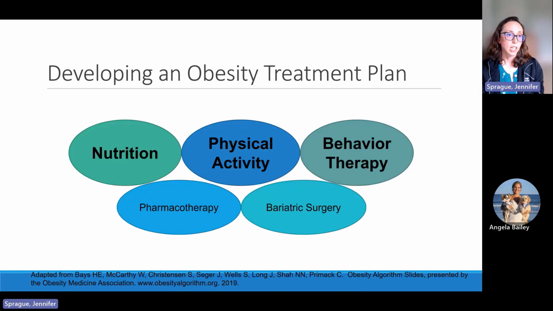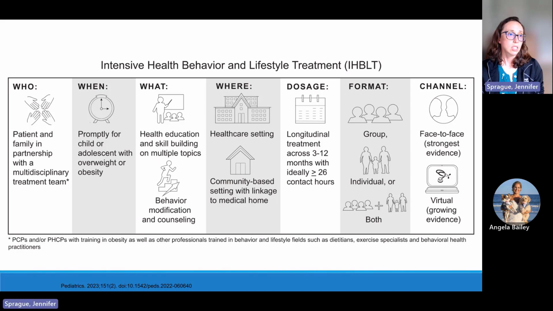So as we begin thinking about a treatment plan, this is a complex plan that includes nutrition, physical activity, behavioral change, and then in many patients may include pharmacotherapy or bariatric surgery discussions. This is another graphic from the guidelines, showing you all the different components that are part of an intensive health, behavioral, and lifestyle treatment.